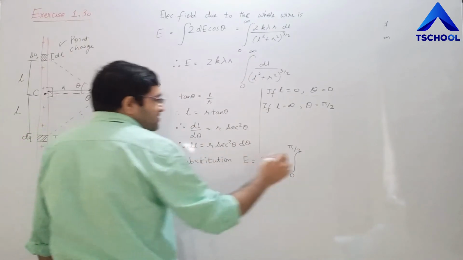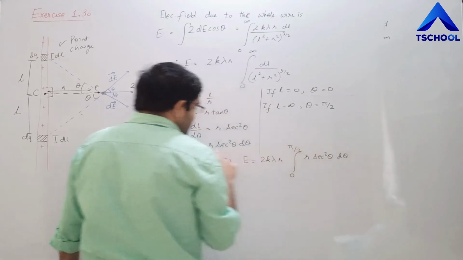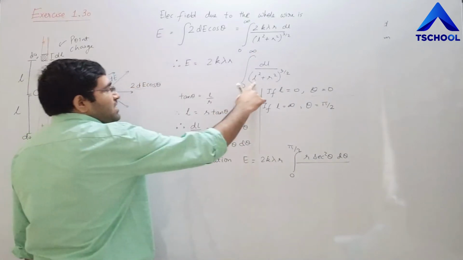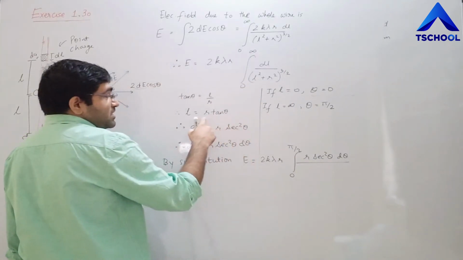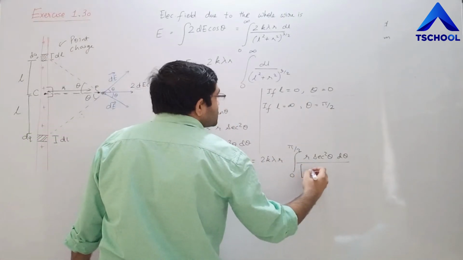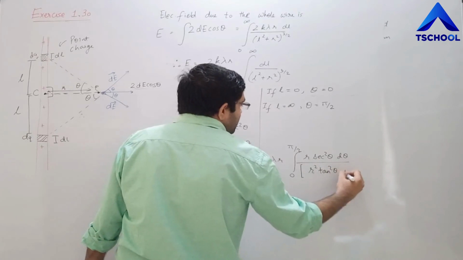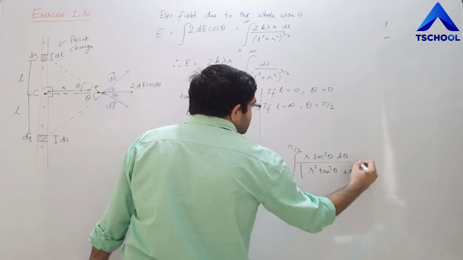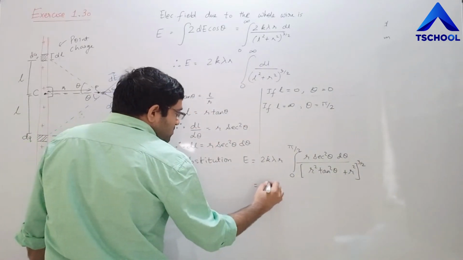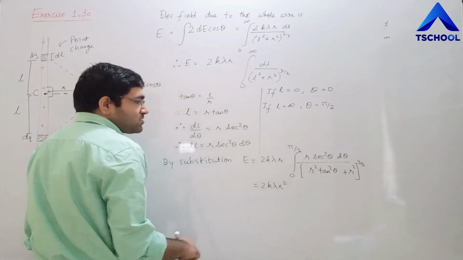Instead of dL, I will write r sec square theta d theta as is given here, divided by, instead of L square, I am going to write r tan theta. So this bracket is going to be r square tan square theta plus r square, the whole raised to 3 by 2. Okay, now the next step, 2k lambda, r into r is r square, right?